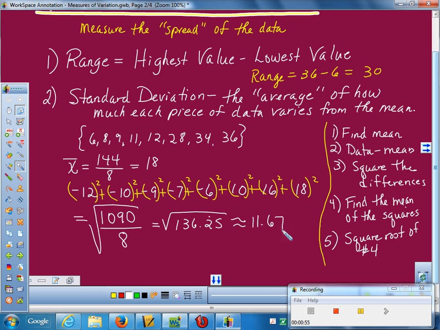Now, I will tell you, because you're subtracting each number from the mean, if you have some wild values, they make some of these variations come out bigger, and then when you square it, this one is thrown off by a wild value, just like the mean is thrown off if you have really high or really low numbers. Standard deviation will be thrown off a little bit.